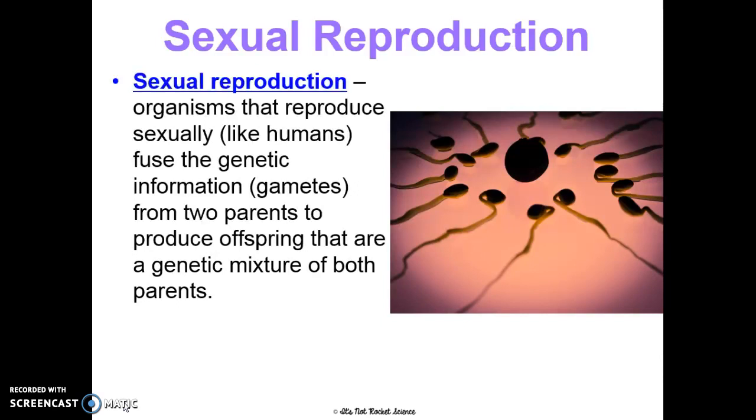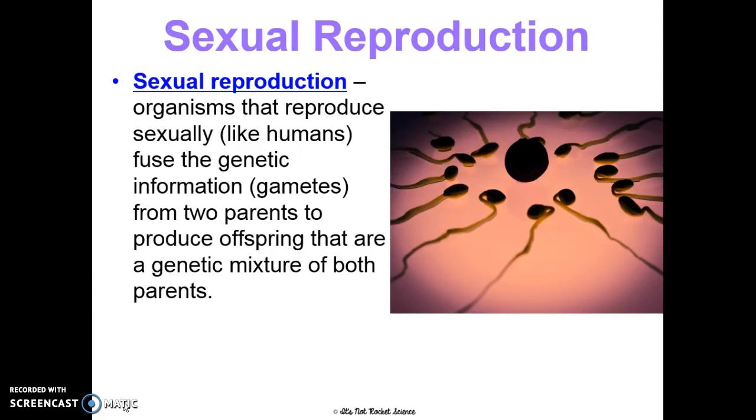So again, sexual reproduction, this is the book definition, just to get it across. To reproduce sexually, there's a fusion of genetic information using gametes from 2 different parents. So the result is that there's an offspring that isn't identical to either one. It's a mixture, right? All of you are a mixture of your parents. You have half and half.